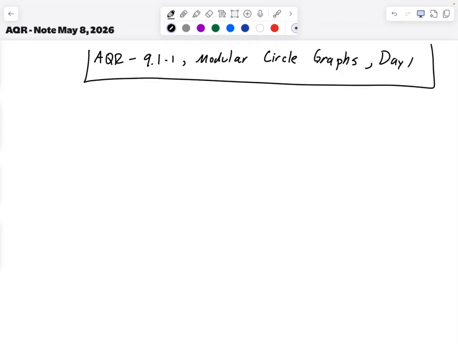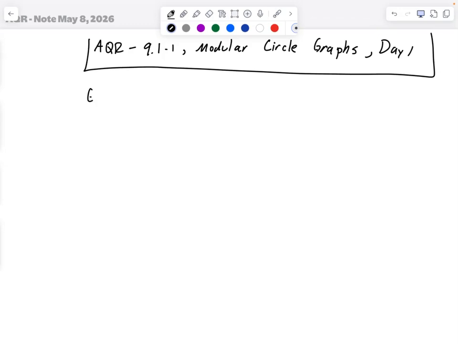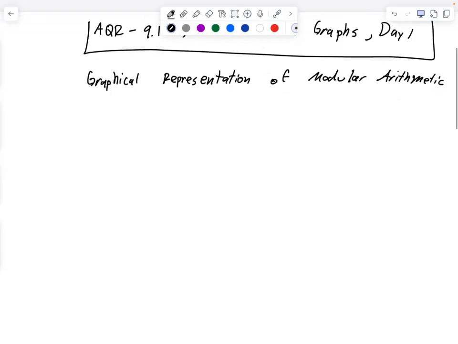So what we're doing here is a graphical representation of modular arithmetic, which is what we did in our previous unit.